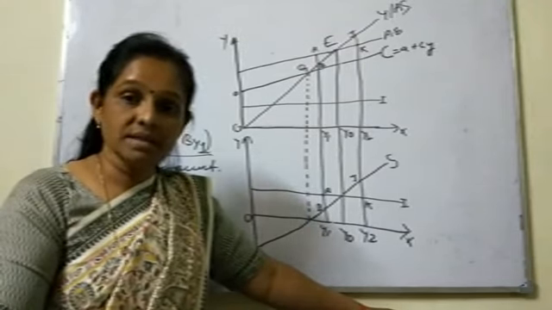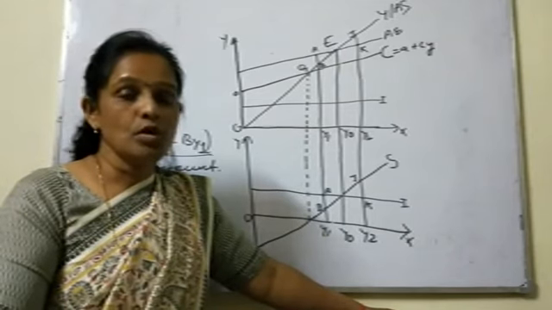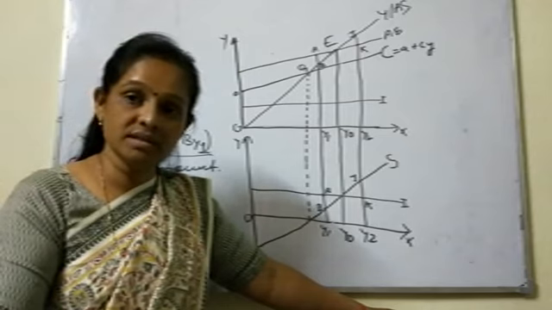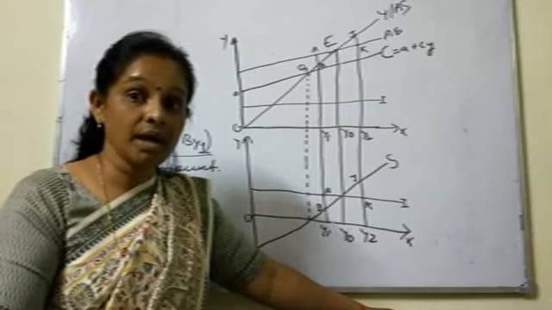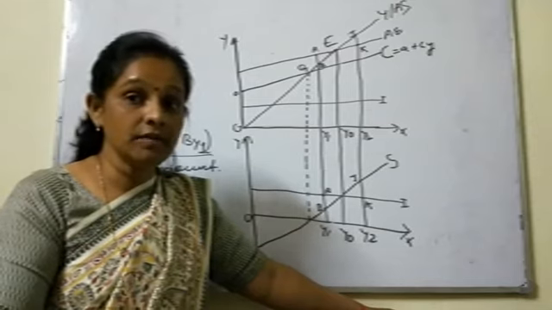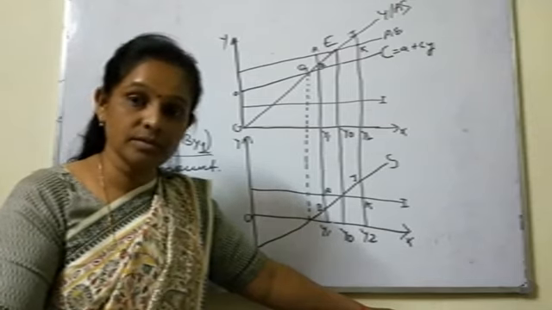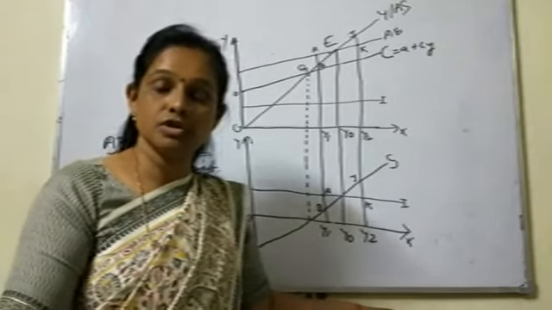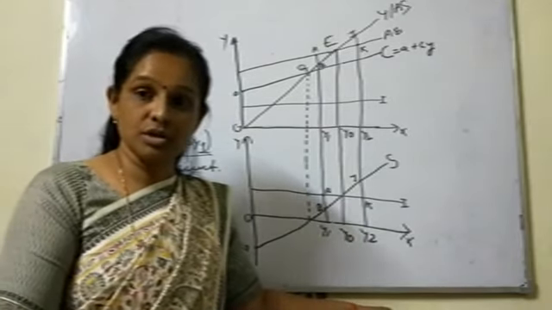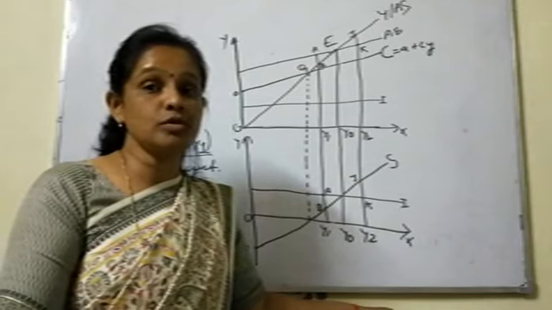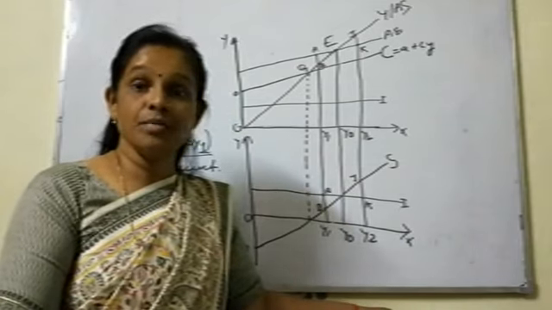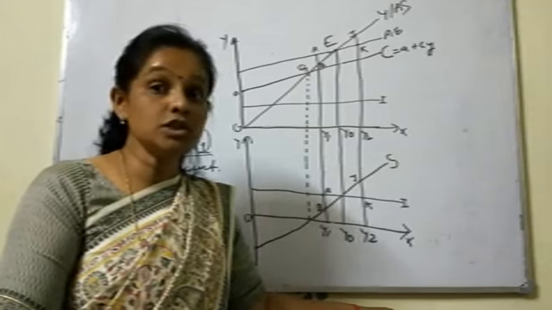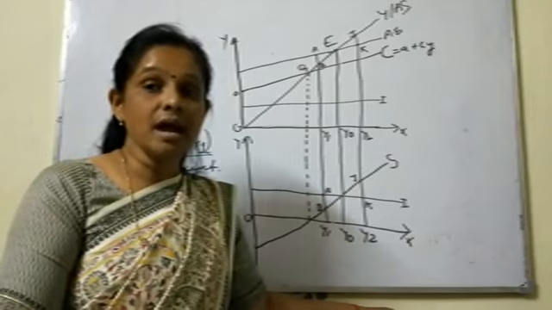This excess demand, AB, will push the producers to release their inventories, and thereby they will increase their production. Full stop. Higher production will create employment opportunities, which lead to increase in national income.